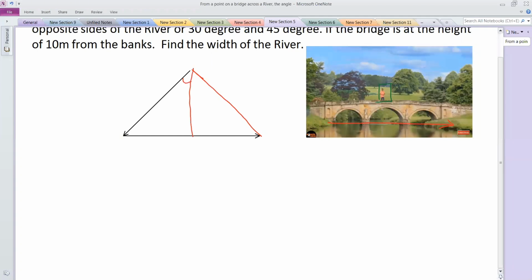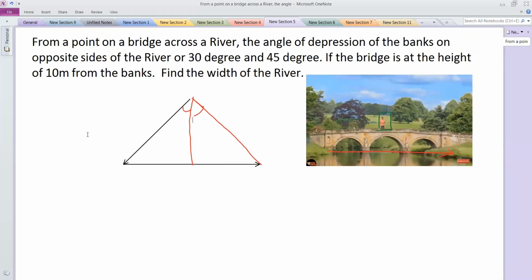Now, you will look at one side of the river at 30 degree. One more side at 45 degree, you consider. Let me take this triangle as B, C, D. Okay.